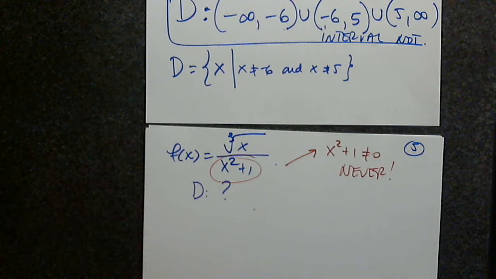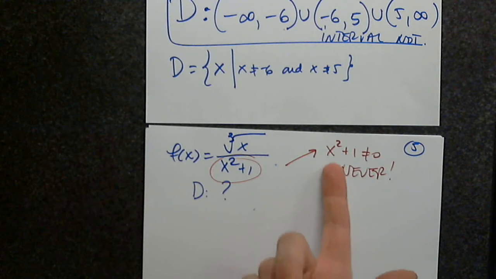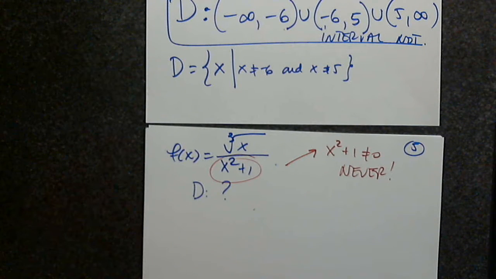Why is it never the case for x squared plus 1? How come x squared plus 1 will never be 0? That's my claim. Right, because it's a sum of two positive numbers. Even if this is 0, 0 plus 1 is still a positive number. So there are no restrictions coming from the denominator.